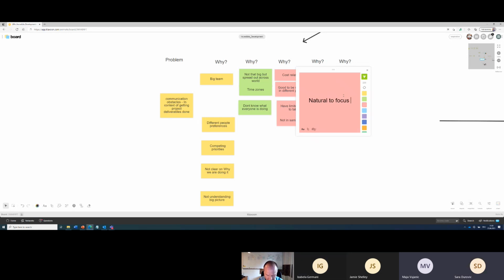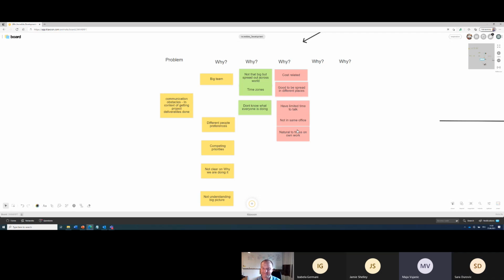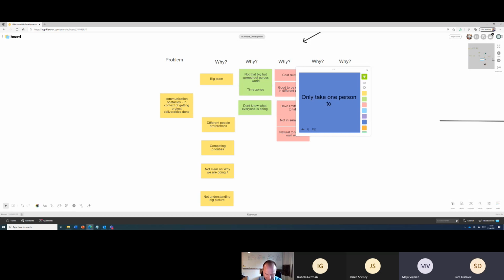Yeah, and I would say it takes only one person to understand how it is possible to communicate and implement that communication structure that's going to be really useful for everybody. Just one person. If nobody has a feeling for how to structure the communication in the team, then communication is going to be disrupted. I don't know if I explained that right.